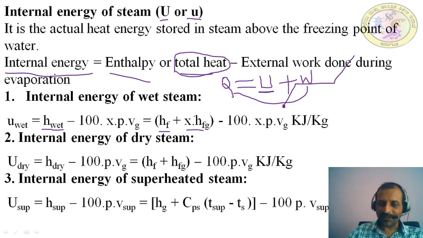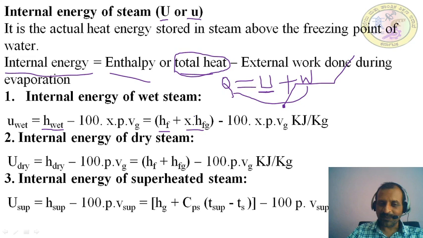Then the third one is the internal energy of superheated steam. U sup is equal to H sup, the enthalpy of superheated steam, minus the work done during the superheated steam, 100 PV sup. H sup is equal to Hg plus CPS into T sup minus TS.